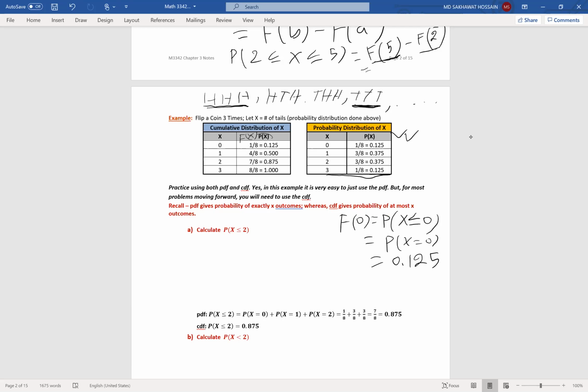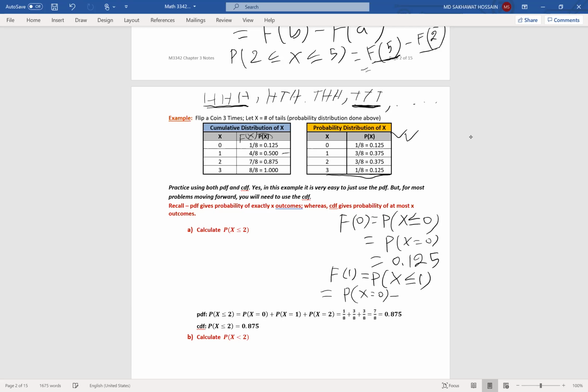So how did we get the second one, when X is equal to 1? How did we calculate the CDF? If X is 1, then the CDF will be probability of X less than or equal to 1. Which values are less than or equal to 1? 0 is less than 1, right?